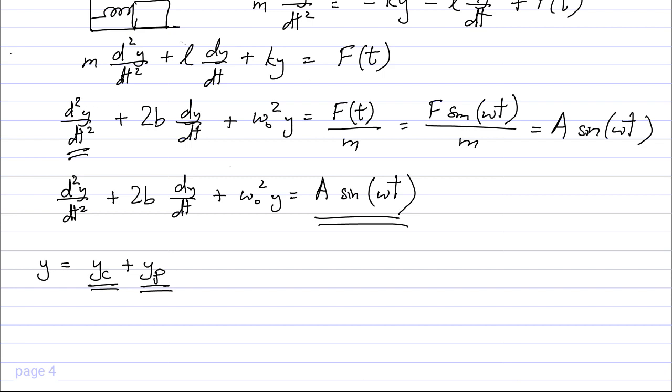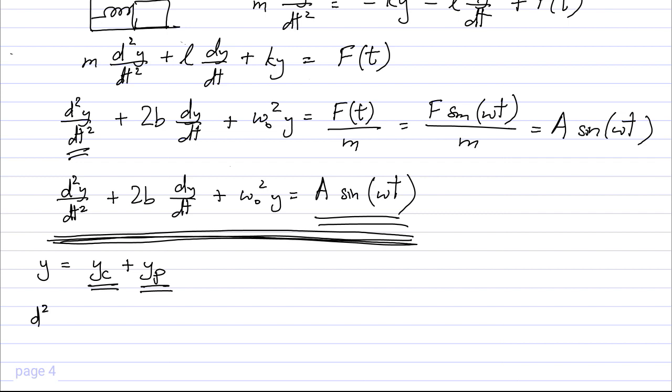To find yp, instead of going back and doing this by brute force, I'll try to guess the solution. There's a very neat strategy to do this: instead of solving this differential equation, you solve a related differential equation. What you solve is that you promote y to being complex in a way.